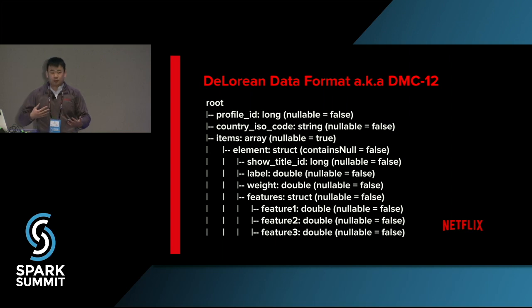The top is the profile ID in a given country. The context can be more, like a device or whatever. Those can be part of the context, but I'm showing this here as an example. And then you can see you have a bunch of videos, which are the elements. We also have features for each video. And in this case, you can build a model for that.